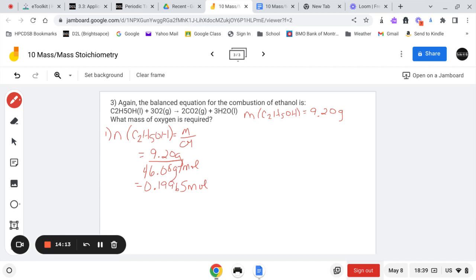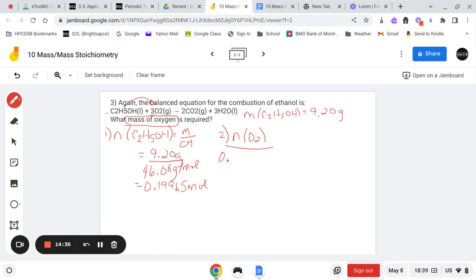And then they're asking us to calculate the mass of oxygen. So I'm going to have to mole ratio from ethanol over to oxygen. And notice the coefficients. That is a 1 to 3 ratio. So I'm going to set this up and figure out how many moles of oxygen I will be making. And then I'll convert to mass.